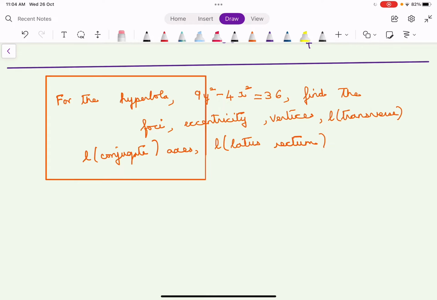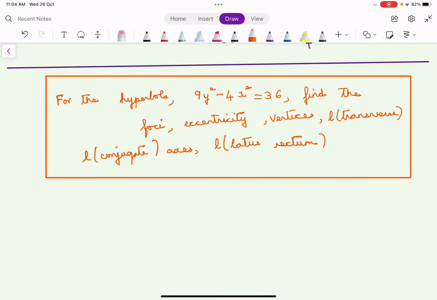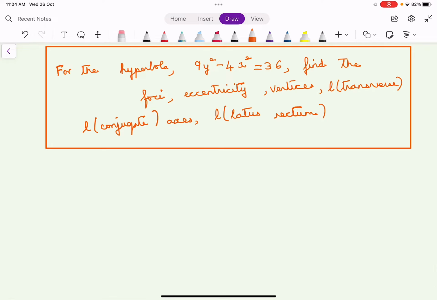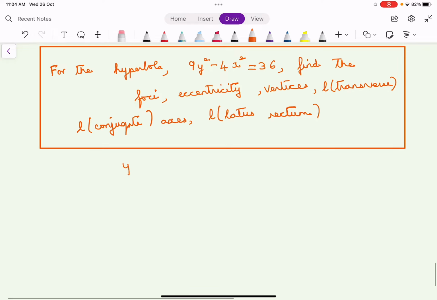So repetition is the mother of learning. We just need to keep practicing these problems over and over again. So we can write this hyperbola as y squared by 4 minus x squared by 9 equal to 1. So it's of the second form, namely y squared by a squared minus x squared by b squared equal to 1.